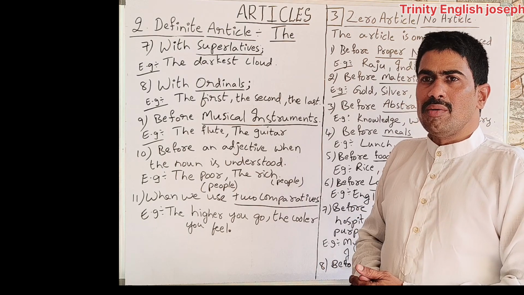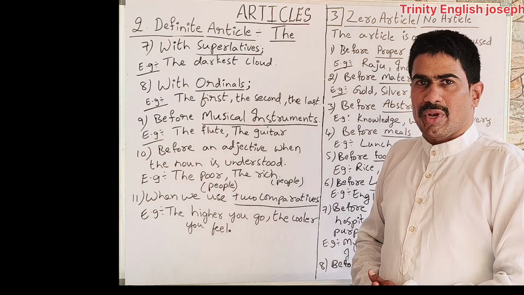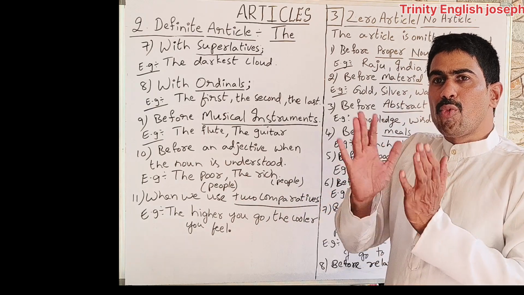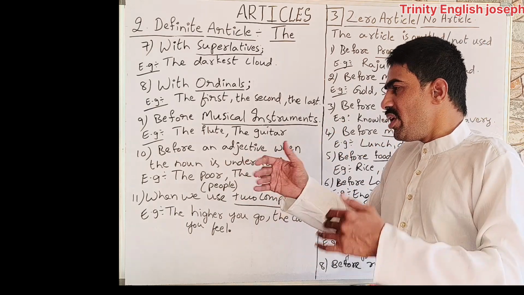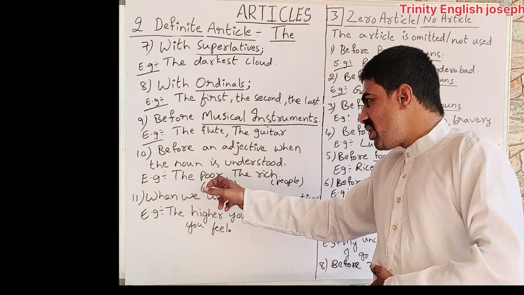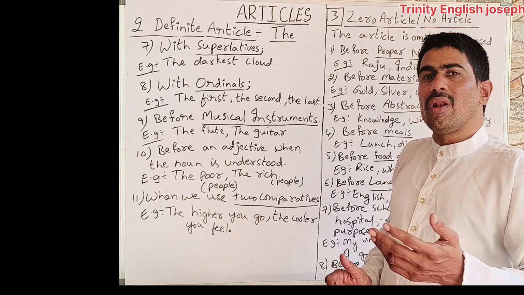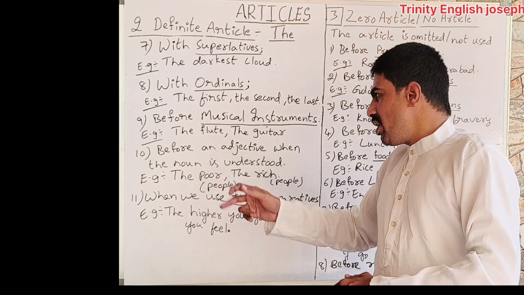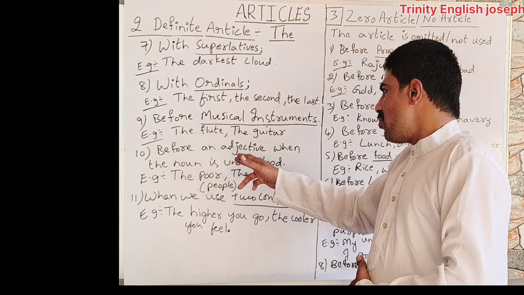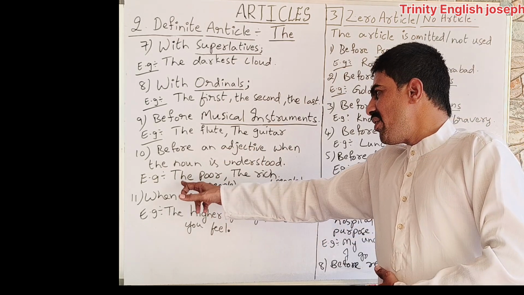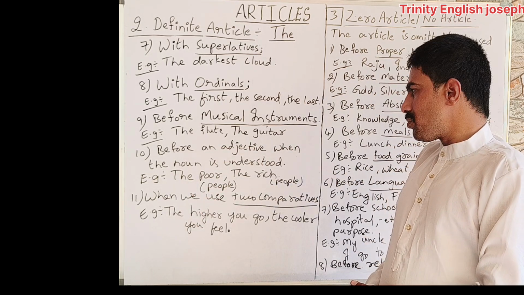When you say the poor, it means the poor people. Here the rich means the rich people. So instead of saying the poor people, we simply say the poor, and the noun, people, is understood. So before an adjective when the noun is understood, we use the definite article the before it.